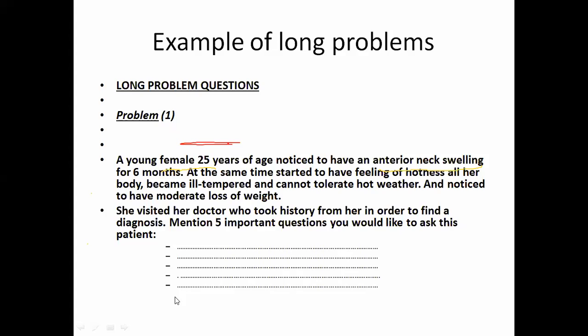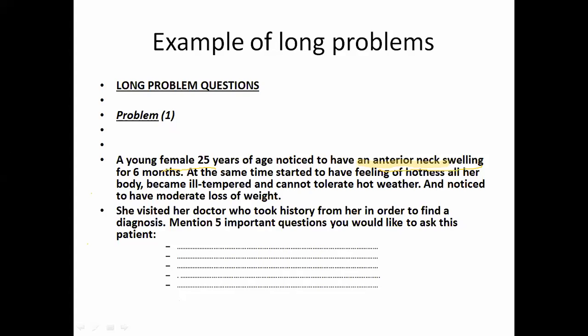Anterior, being anterior, for 6 months. The duration of the swelling is 6 months. Excellent. It is not a short duration. What else?